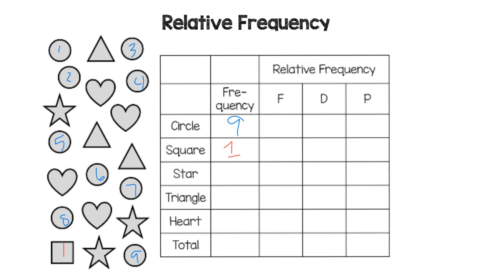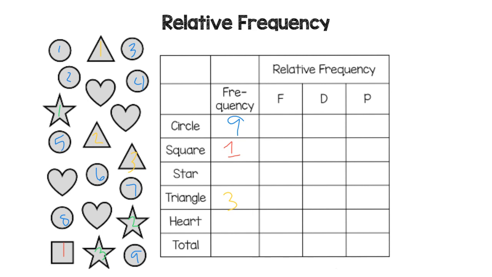Okay. Then we have our stars. So we're going to count our stars. And I found 3 of those. All right. The next one is our triangles. There is 3 of those as well.